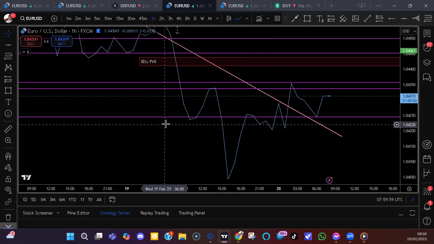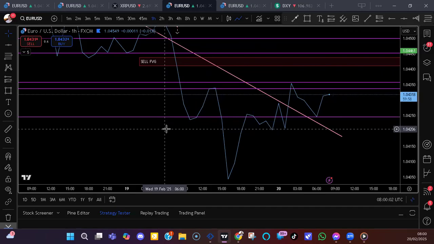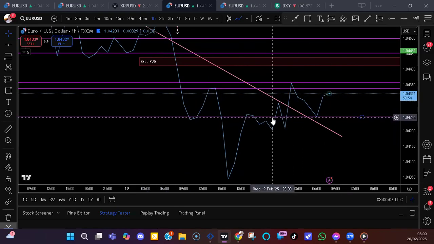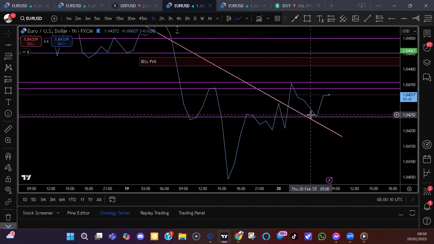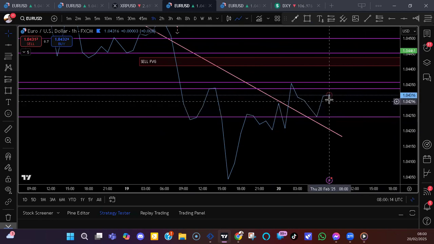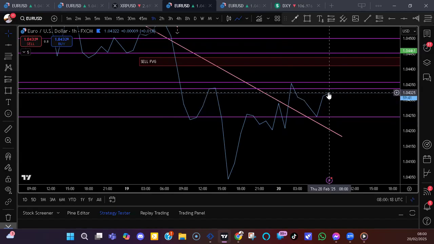Below that, we won't do that because we've got this support and resistance line here to clear first. So that's in the way of our price anyway. So we're not interested in that.